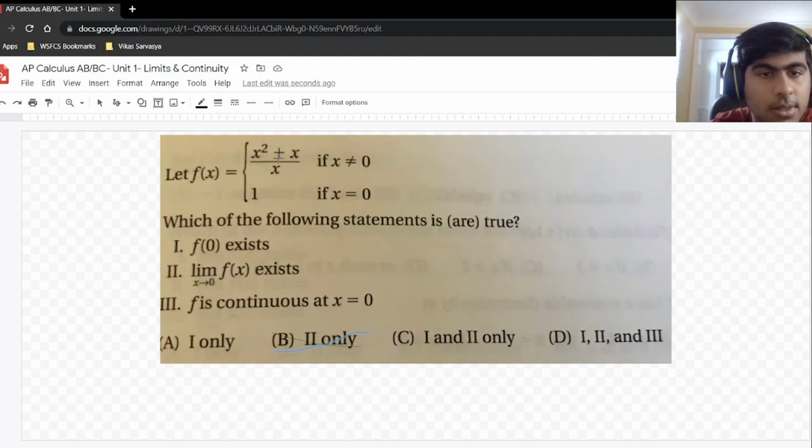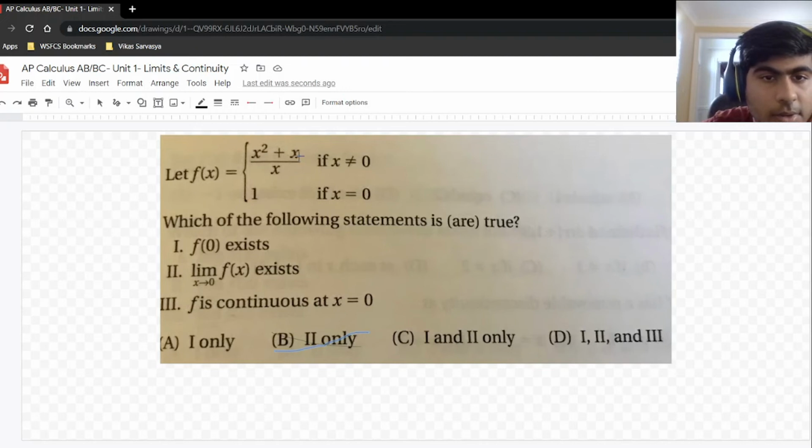Well, if we approach from both sides of x equals 0, do we have a value? It's not about this if x equals 0 statement. This doesn't matter at all because we're not concerned with the actual value when we're discussing the limit. We're concerned about values around it.